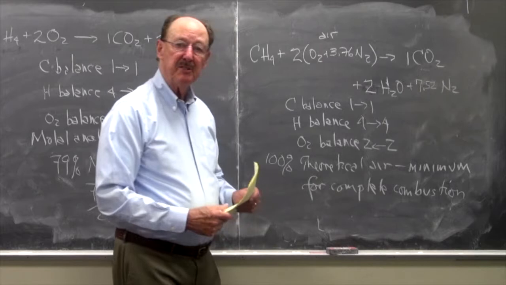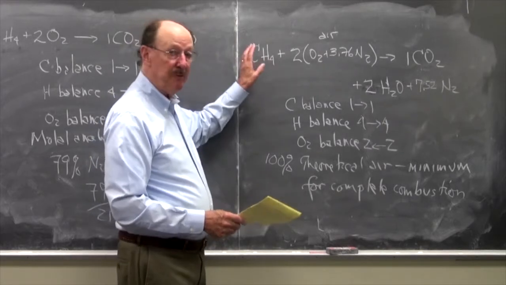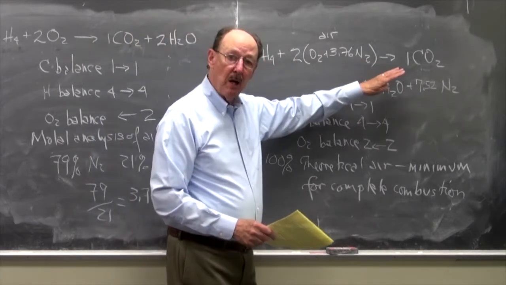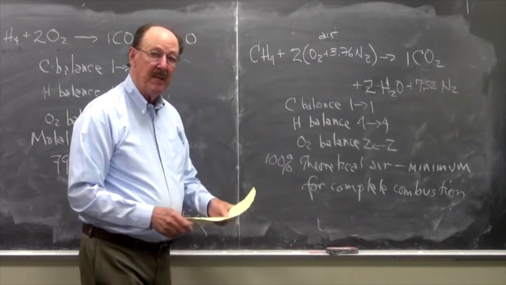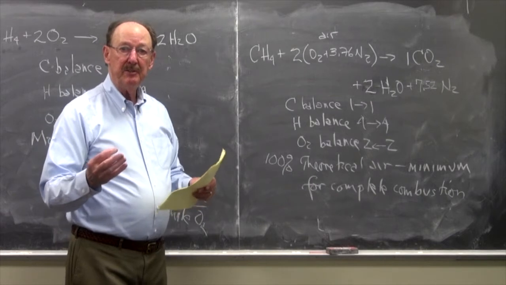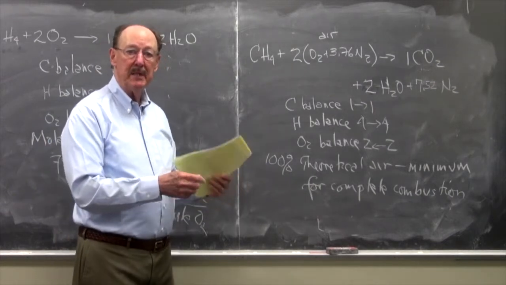And by complete combustion, we mean that the fuel, there's no fuel left over, we don't have any carbon monoxide, everything is perfectly oxidized. Now, very often what we need to do is have more air than is minimally required.